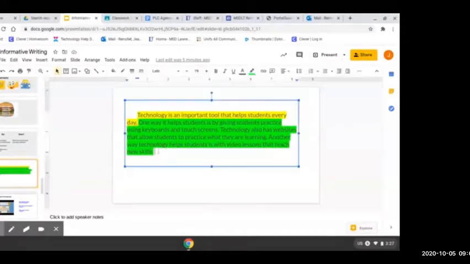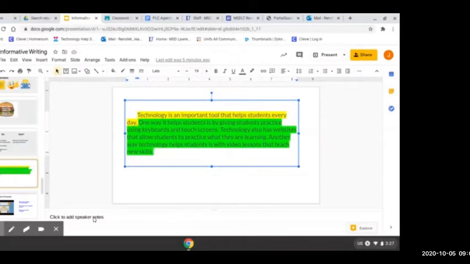I am now ready to write a conclusion sentence. I know that I want to restate my topic sentence using other words. My topic sentence says, technology is an important tool that helps students every day.